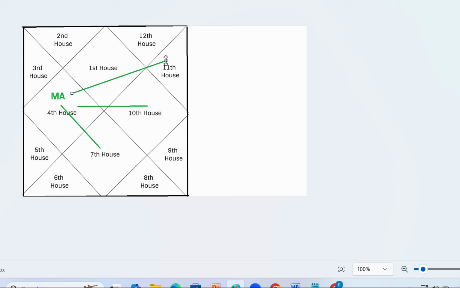Now, for this particular Lagna, Mars is the first house lord, that means the Tanu Bhav. So the Tanu Bhav is getting debilitated in the fourth house, which is Karka Rashi. That means when Mars Dasha comes, definitely there will be health issues for this person.